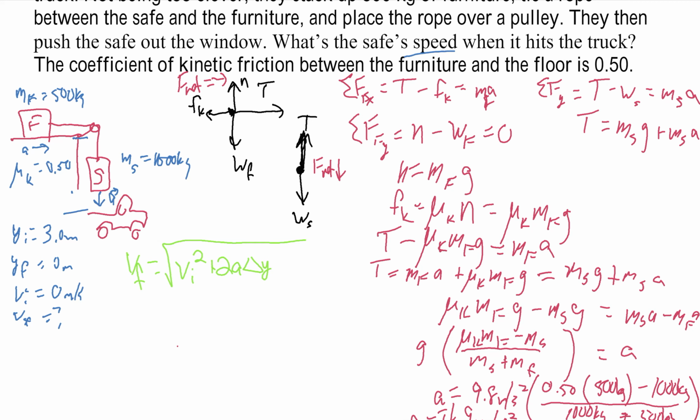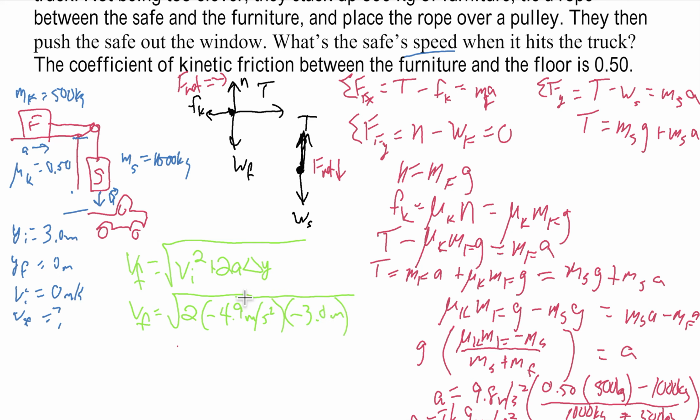So this becomes Vf equals square root of 2 times the acceleration that we came up with, which was negative 4.9 meters per second squared, and then times delta y. And remember, delta y is y final minus y initial. So that will be 0 minus 3, which is negative 3.0 meters.